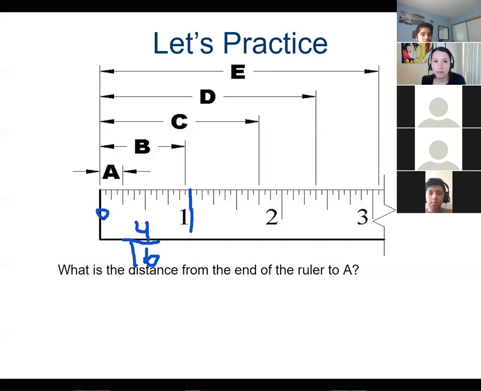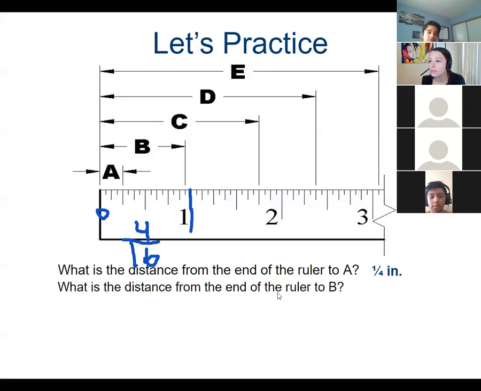Yeah, so 1/4 of an inch. But this is where we started. The 16th is how many total little lines, and then the 4 is how many little lines after that. And there's no whole number because we didn't pass the 1.